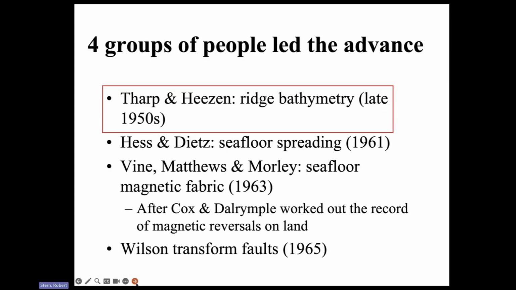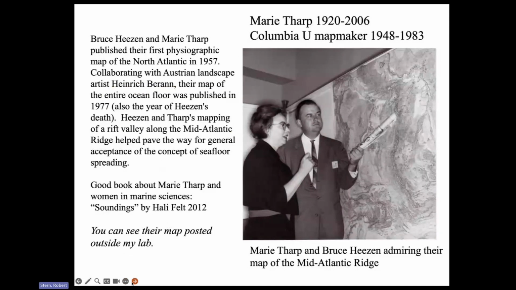So let's talk about Tharp and Heezen. Marie Tharp and Bruce Heezen now are looking at their map of the Mid-Atlantic Ridge. And they published their first physiographic map of the North Atlantic in 1957.